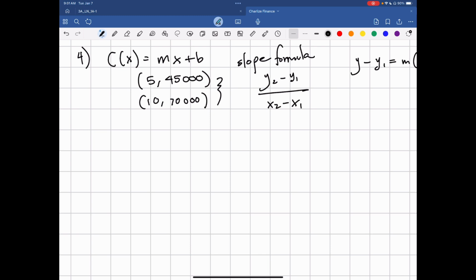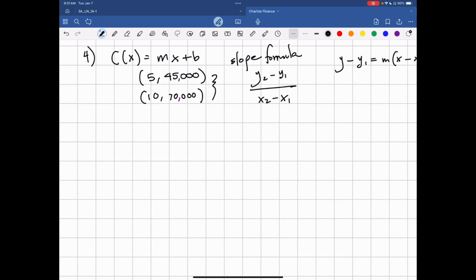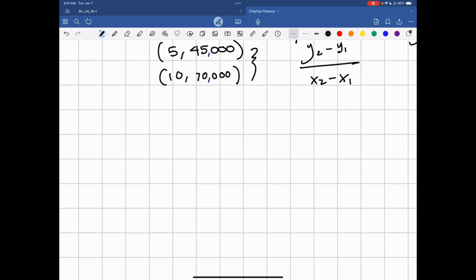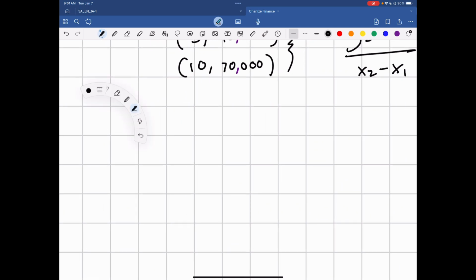Another thing is that typically when you're talking about financial things, they're going to give you really, really huge numbers. And the bigger the number, the higher the chance that you have a calculation error.